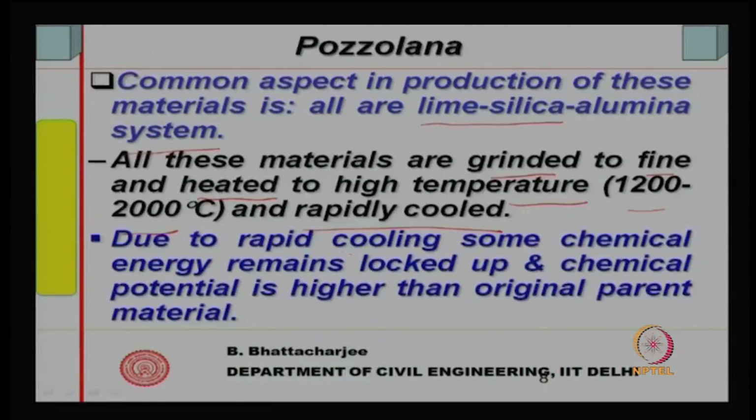Now, due to this rapid cooling, some chemical energy remains locked up as chemical potential, therefore the chemical potential is higher than the original parent material. In both cases, in fly ash the coal has been heated, and in silica fume, quartz also has been heated.